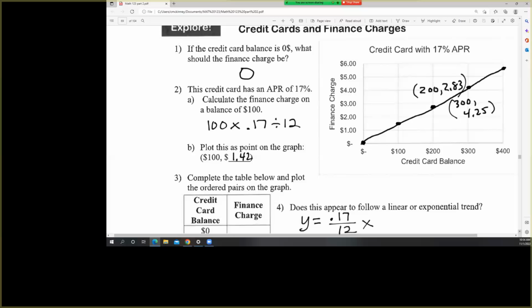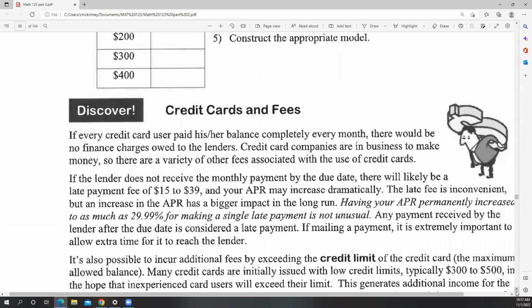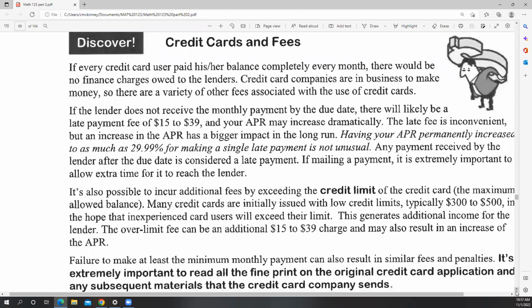All right, turn over to 10.4, which is just the next page. Before we go there, I'll give you a quick rundown of what it says on the page before. If you don't pay your bill on time, you have a late payment fee. Might be $15, $39, it could be up there.